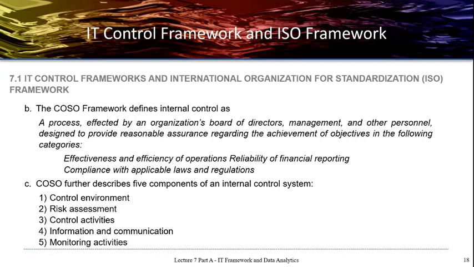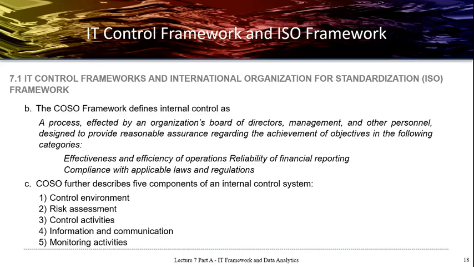The COSO framework defines internal control as a process affected by an organization's board of directors, management, and other personnel, designed to provide reasonable assurance regarding the achievement of objectives in the following categories: effectiveness and efficiency of operations, reliability of financial reporting, and compliance with applicable laws and regulations.